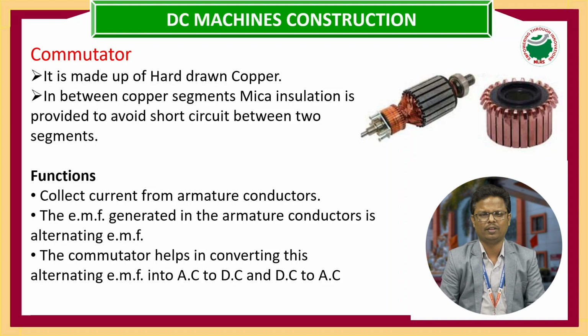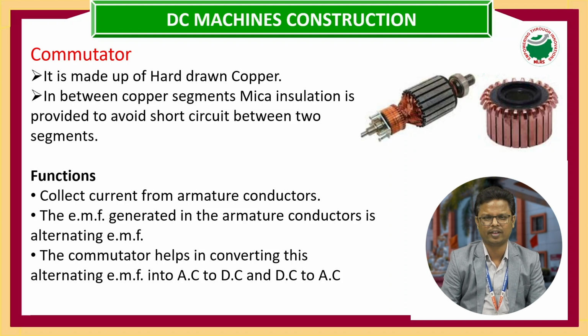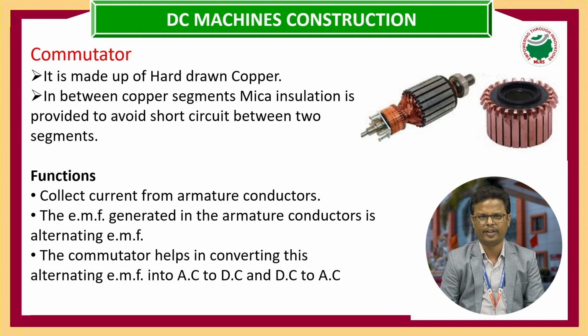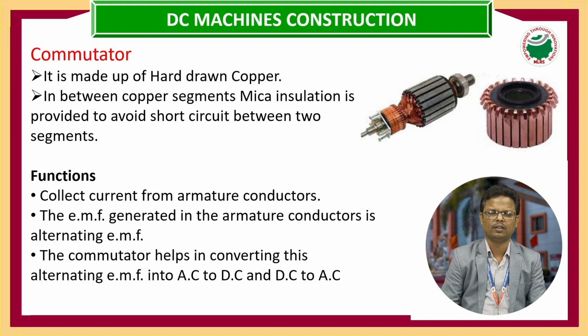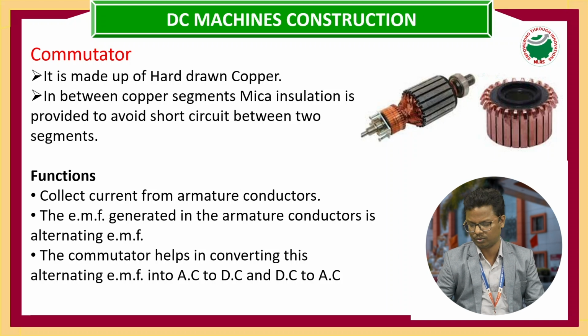The commutator is a device made up of hard drawn copper, and it has segments. In between the segments we keep the mica insulation. By keeping the mica insulation, the short circuit of two segments is avoided. If we do not place any mica insulation, then the two segments will be short circuited.